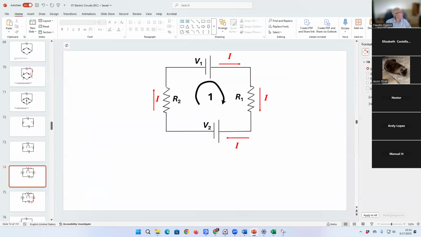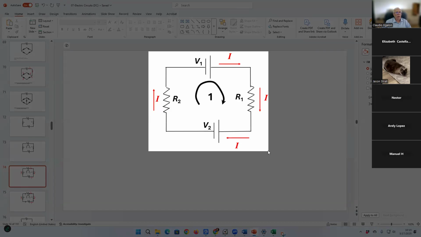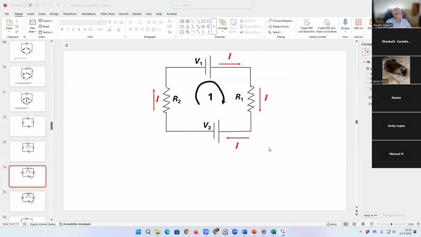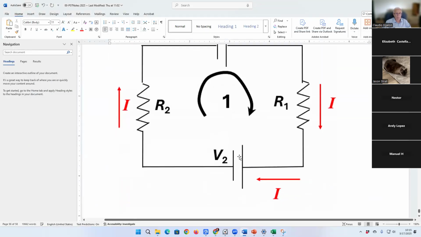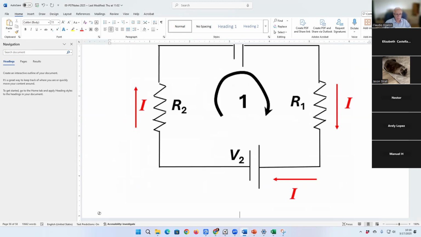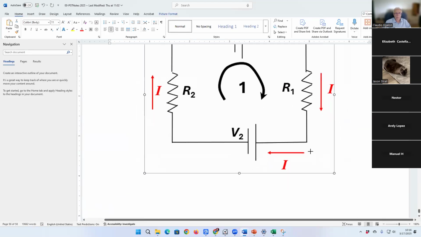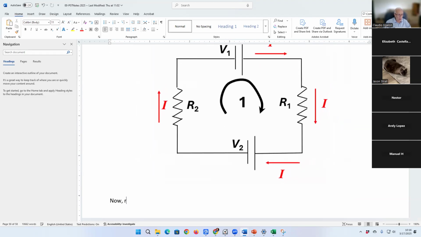So I'm going to copy this one as well and paste it there in my notes. Go. And now the real mathematics starts.